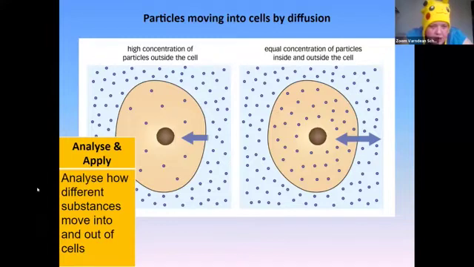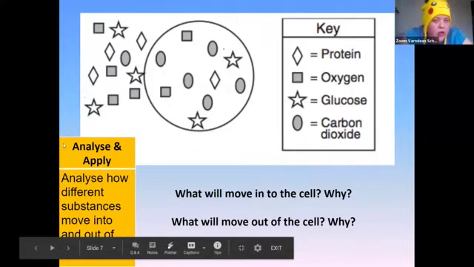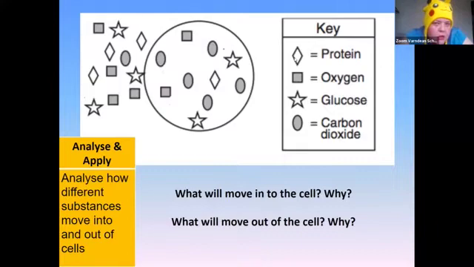Now, on my next slide, I've put some polls on, and I'm just going to talk you through because this is quite tricksy. We've got this lovely picture at the top here, and we've got proteins represented by the diamonds. We've got oxygen represented by the squares. We've got glucose represented by stars, and we've got carbon dioxide represented by these oval shapes.